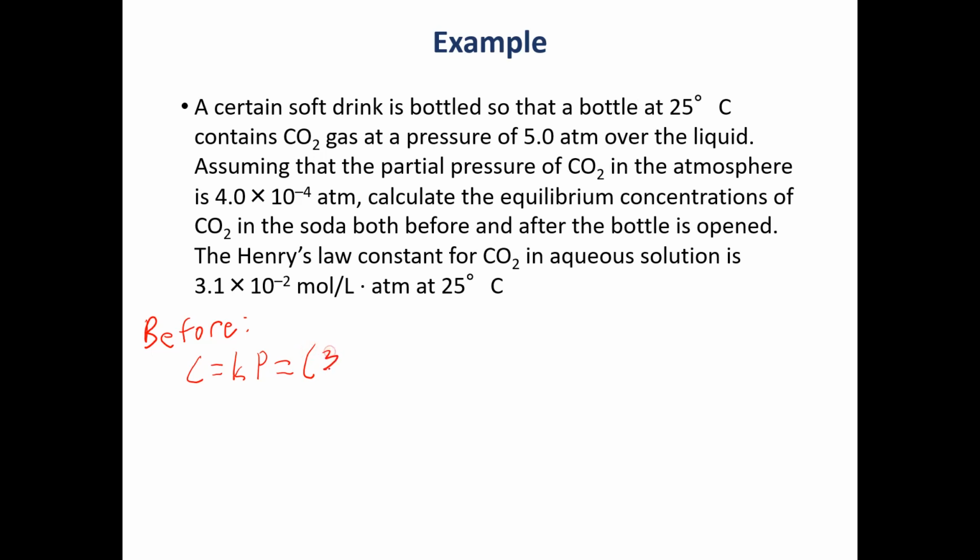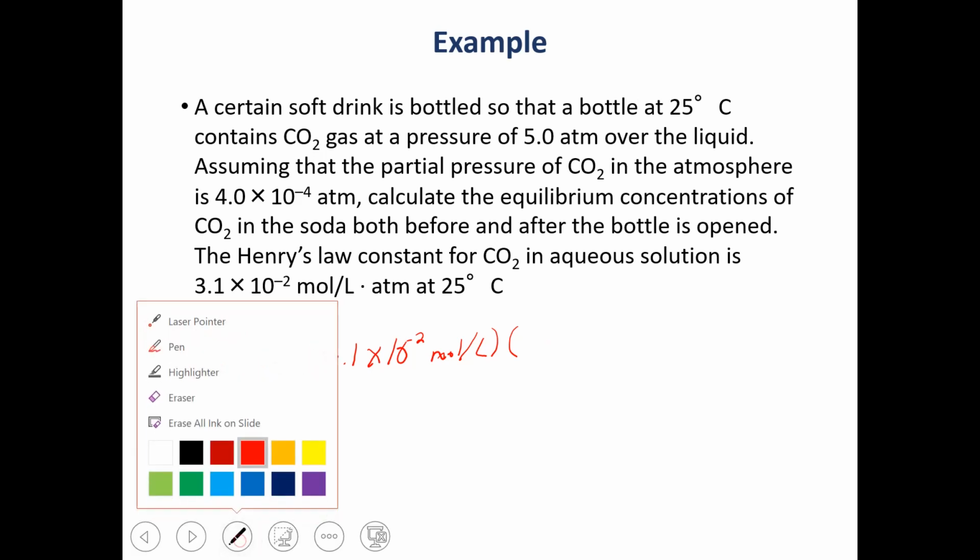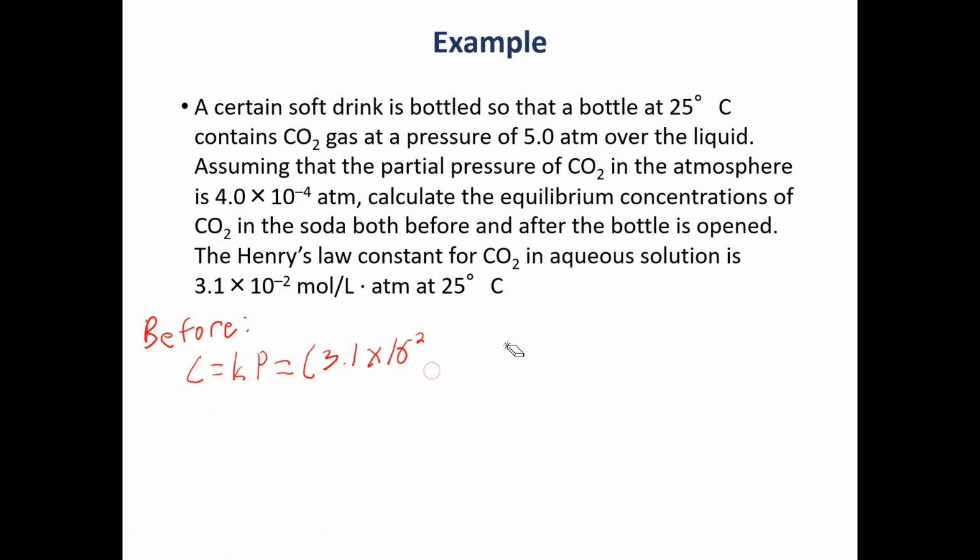And we're given a Henry's law constant of 3.1 times 10 to the negative 2 moles per liter, so that's moles per liter times atm for the Henry's law constant.